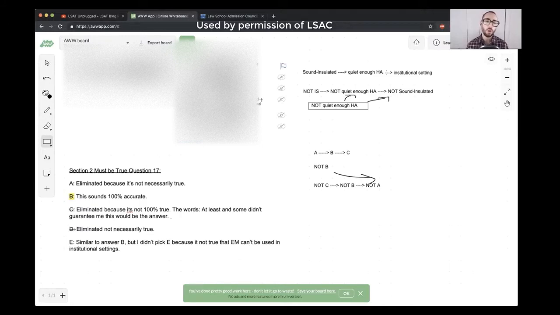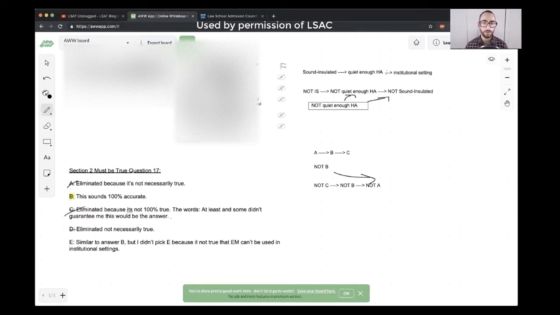Given that, anything that we can infer is likely to be strong as well, just as choice B was, saying none. None are sound insulated. So like the negation of a variable. We want concrete, firm language in a correct answer because that's what the stimulus has here. So I think that's a good reason to eliminate C. So A and C are both out.